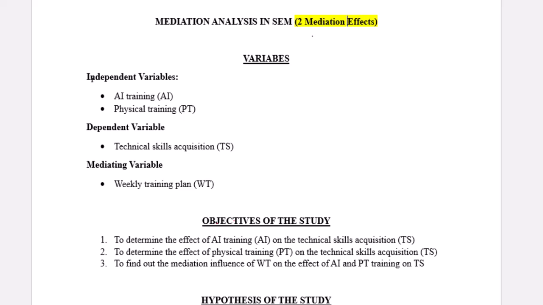So our variables, we have the independent variables. We have AI training denoted by AI, physical training denoted by PT. Our dependent variable is technical skills acquisition denoted by TS, and then we have the mediating variable, which is weekly training plan denoted by WT.